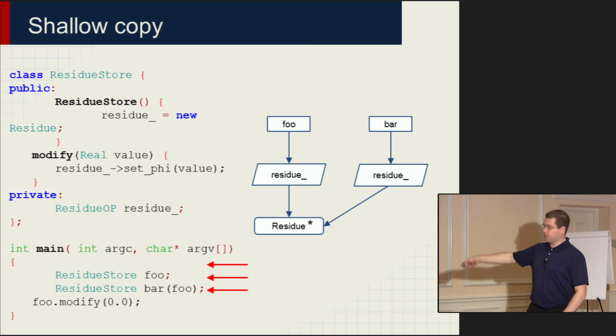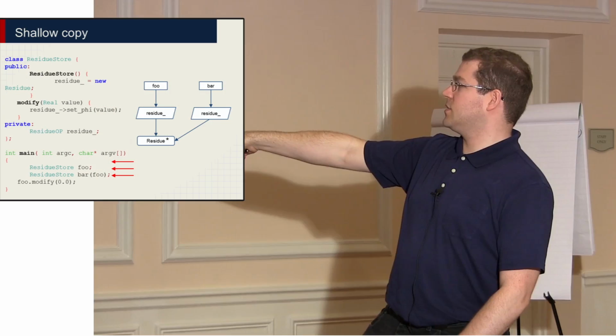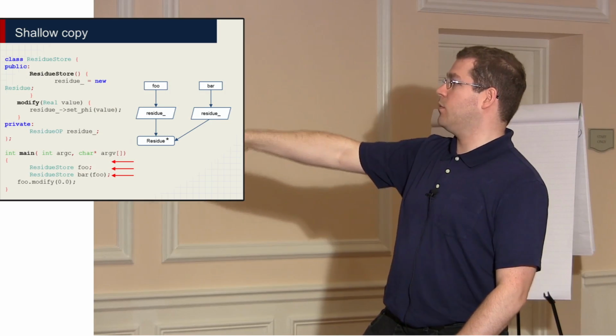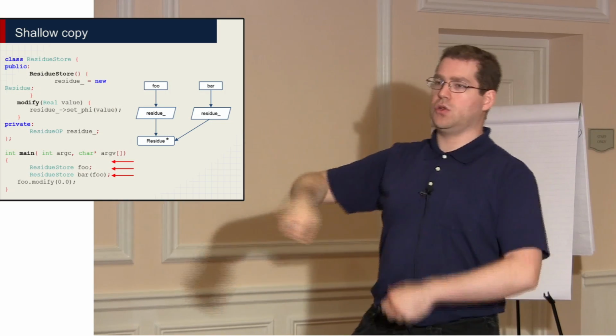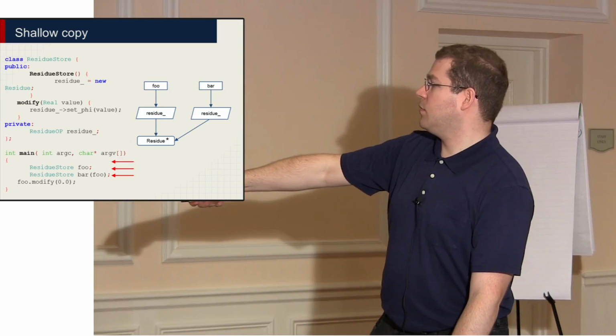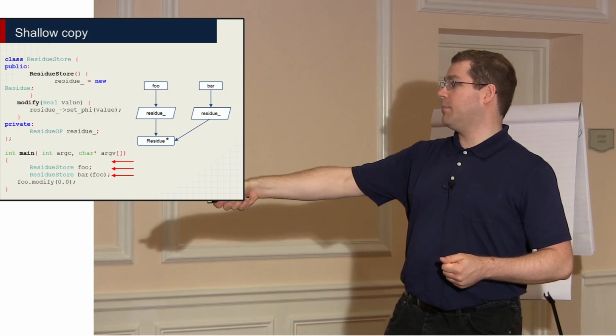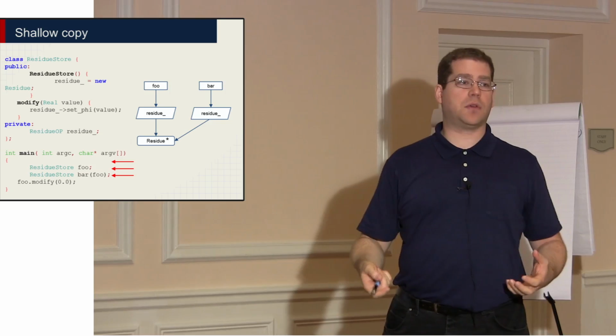We have a very simple main program. We create a ResidueStore foo. It contains a residue variable, and because of the constructor, it will point to a residue object. In the next line, we invoke the copy constructor to make bar, copying from the value of foo.